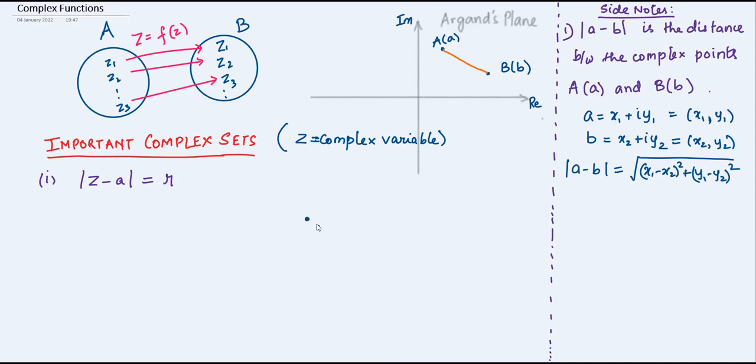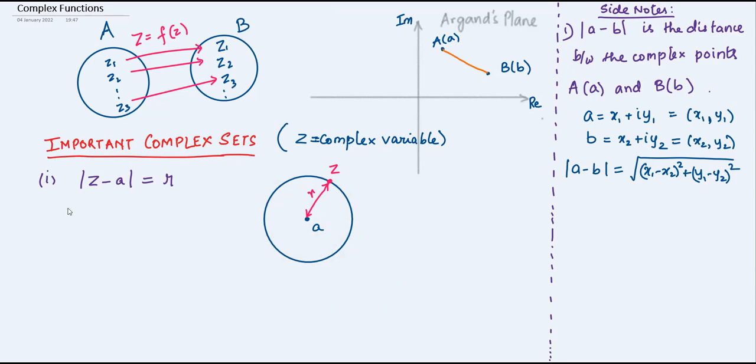So this is the point A, and Z is any point such that its distance from a fixed point A is always equal to R. So this is the definition of a circle.